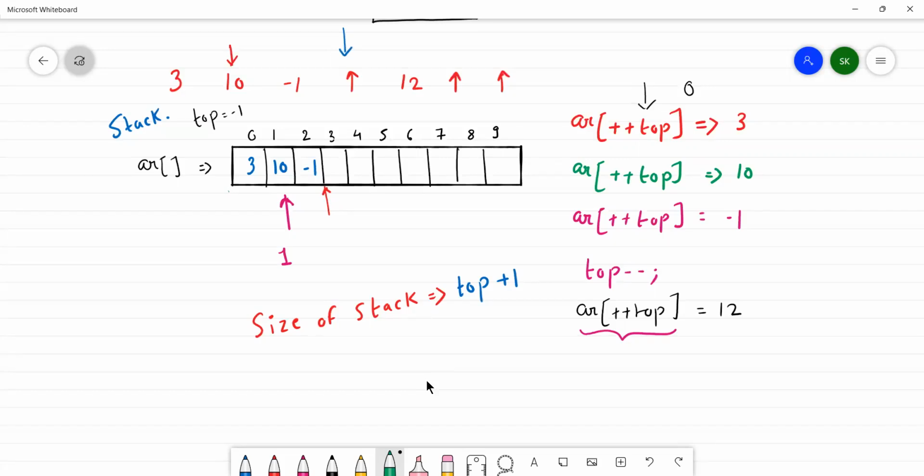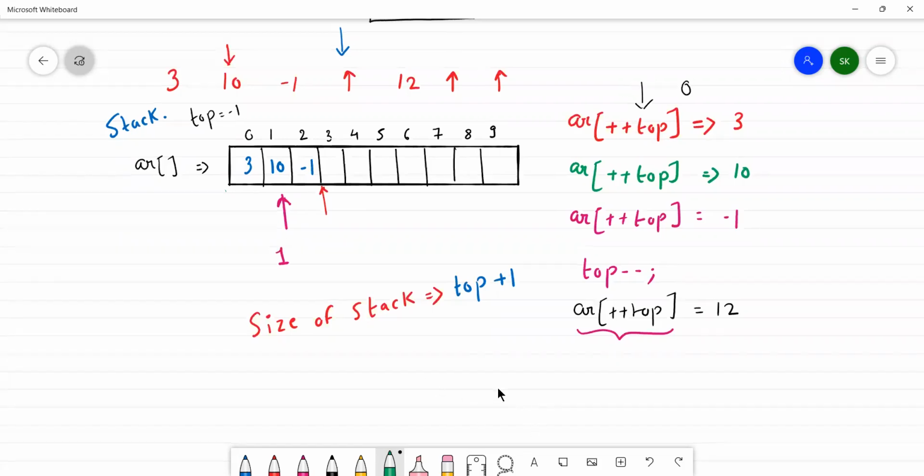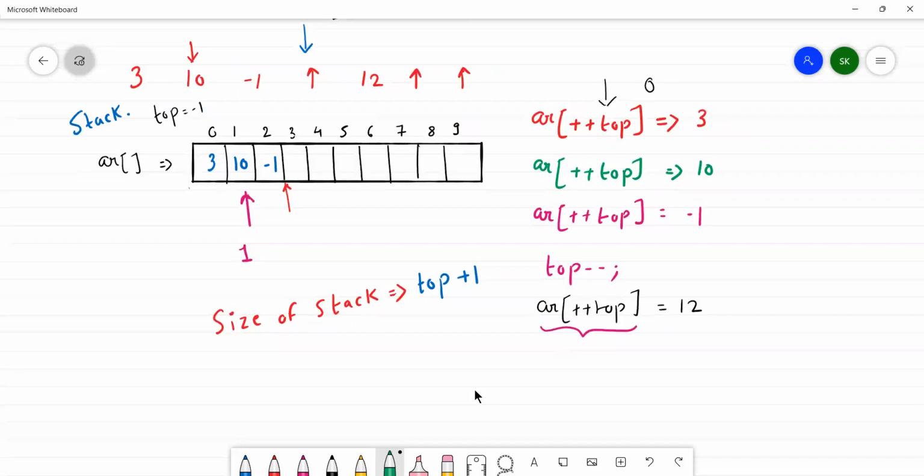The deletion operation will happen, and I just told you that you are not actually deleting the numbers; you are just moving your pointer. So the pointer decides what the size of your actual stack is. Okay, thank you.